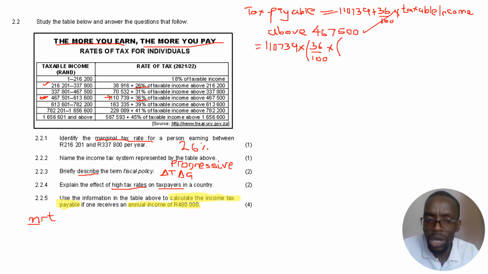I'll open a big bracket there, and a smaller bracket for the amount that is in excess.